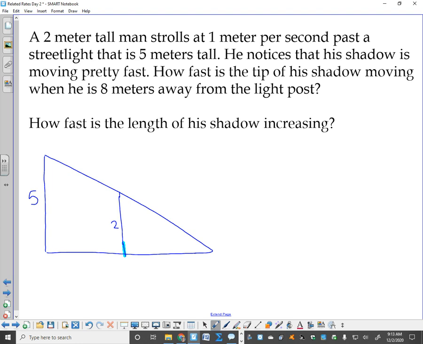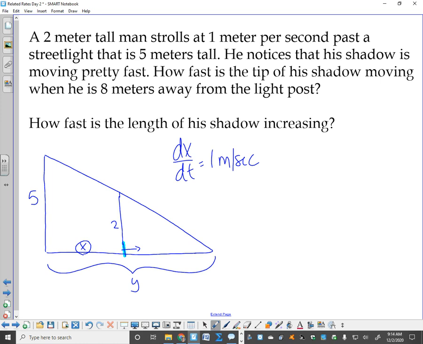He's strolling past a street light, so he's headed in this direction. I'm going to let that be y and that be x. Now the man is strolling 1 meter per second. So that's the rate of change of x. So dx dt equals 1 meter per second.